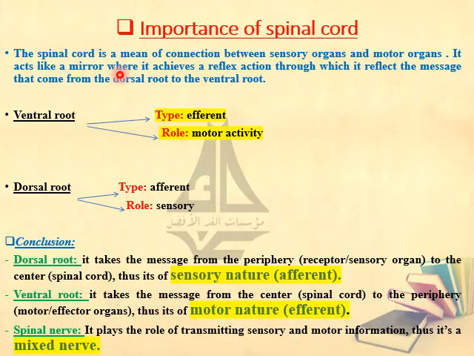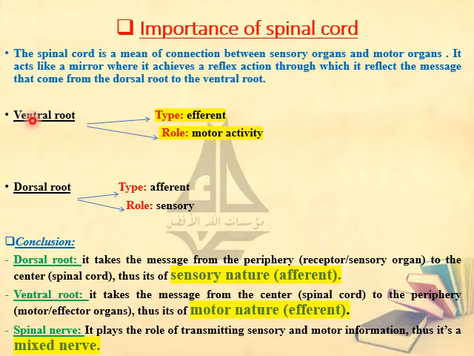I mean that it receives the sensory information from the dorsal root, it analyzes it, and it sends a new message to the ventral root to be taken to the effector organs to achieve a movement. So it is performing a reflex action, okay, to reflect the sensory message into a motor message to be achieved by the motor organs.